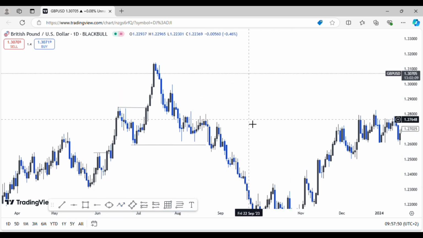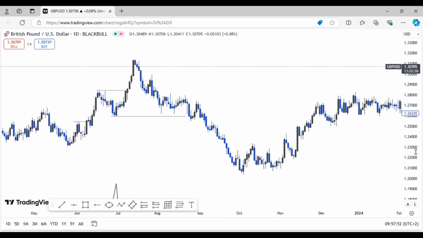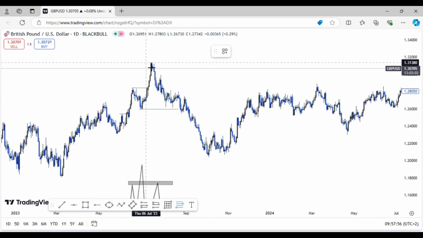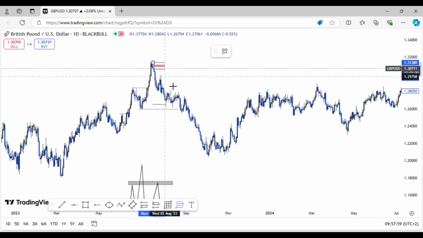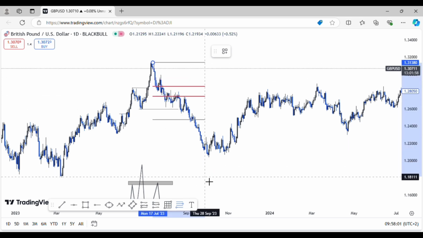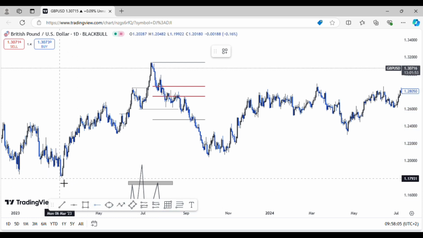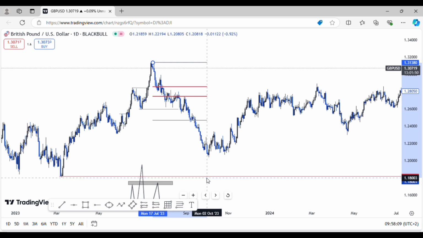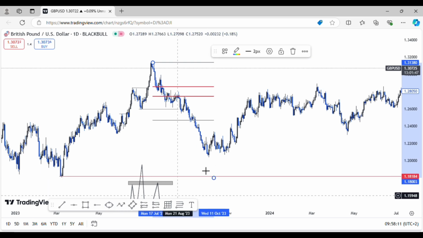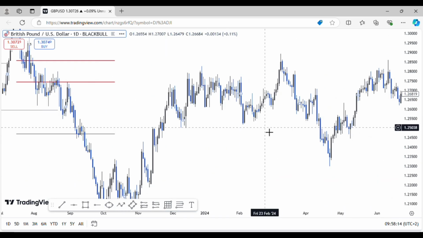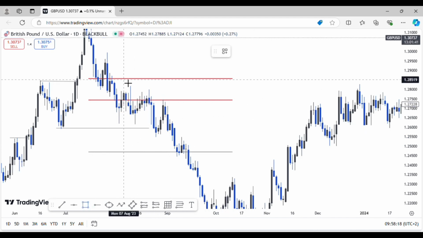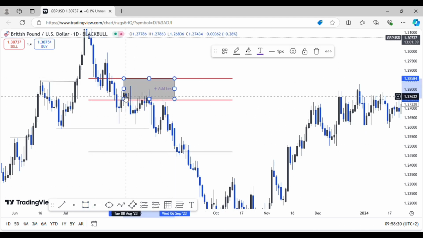And even if you miss the entry, you can just simply take the tool from that high there to that low there, you understand? You can simply take it there, and you can see that the price came into this zone there.